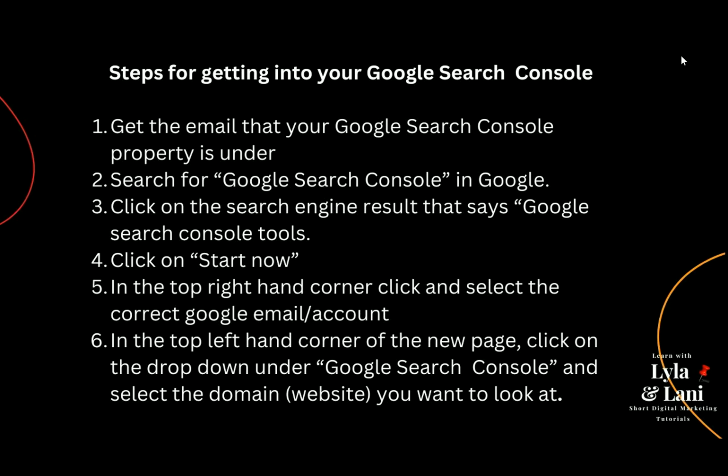Once you're there, you will either see all the traffic data for your site, or you may have to go to the top left-hand corner under Google Search Console, click on Search Property, and then select the appropriate domain property that you're interested in. Once you've done that, all the data that appears on the screen will be the data for your website.